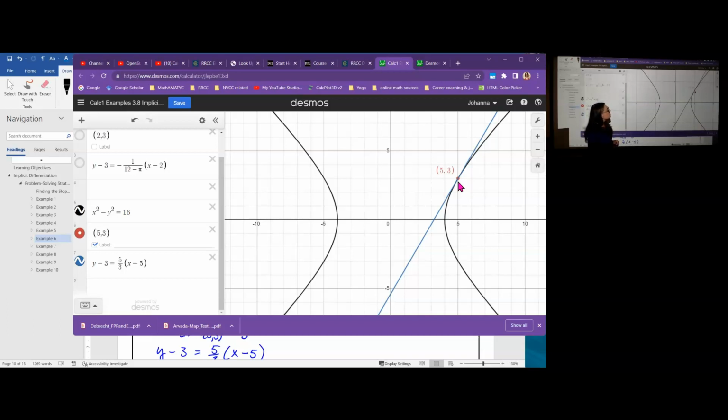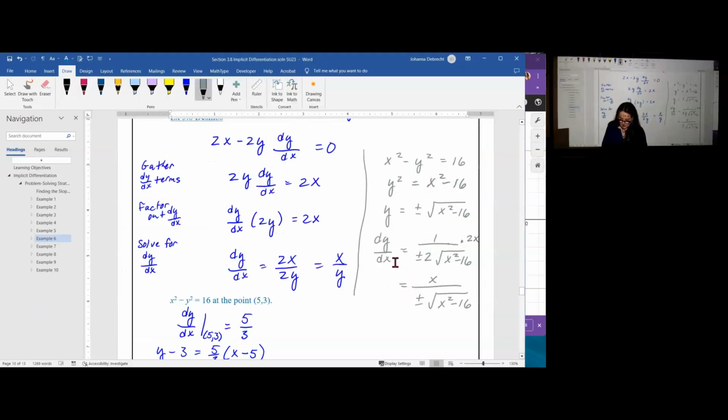What do you suppose the slope of the tangent line is at negative 5/3? You're correct. At negative 5/3, it would be the opposite of 5/3, negative 5/3. There's an ambiguity then in this particular problem when solving for it explicitly that we do not have when we solve for it implicitly.